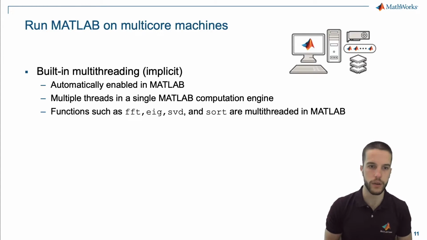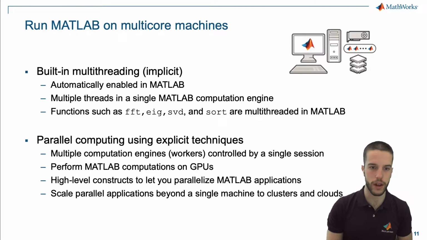When you execute your code normally on a modern machine that has multiple cores, MATLAB automatically turns on the multi-threading, so some of the functions are optimized for this and use the multiple cores in order to accelerate the computation. This is implicit. You have to do nothing to enable this functionality. The second one is parallel computing using explicit functions.